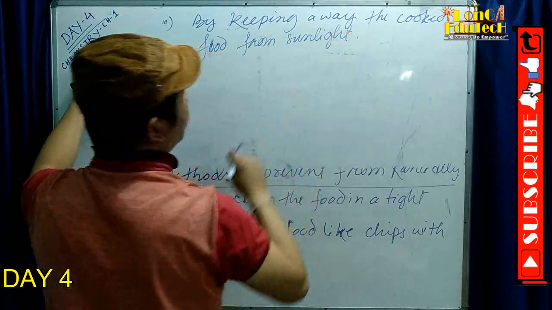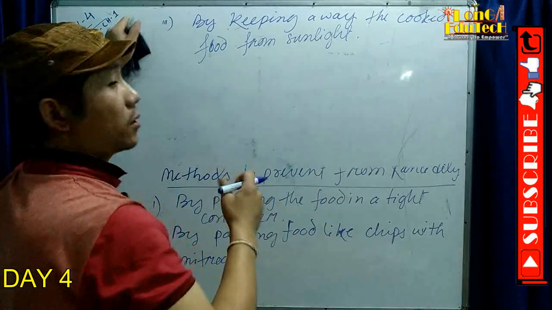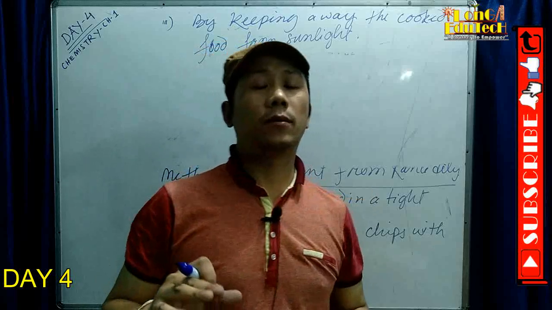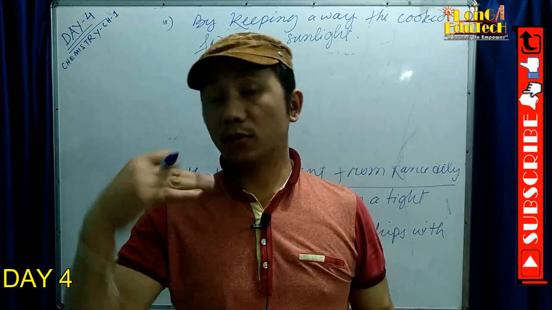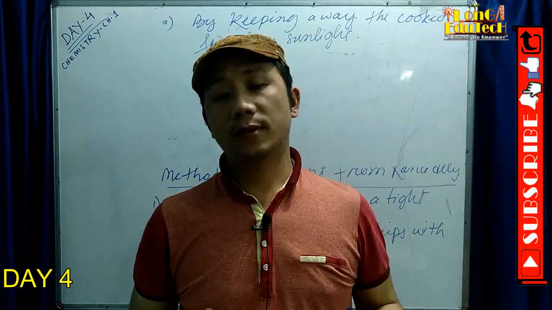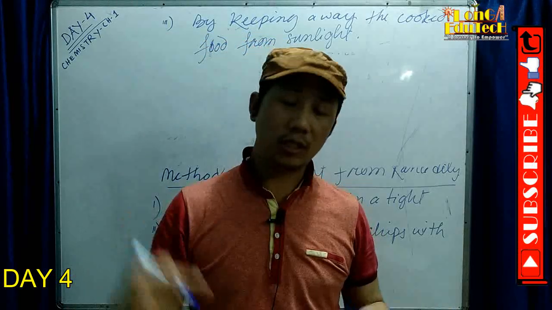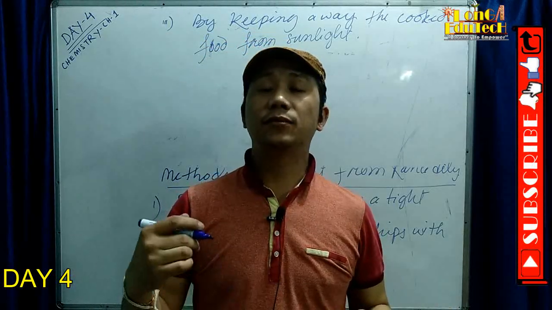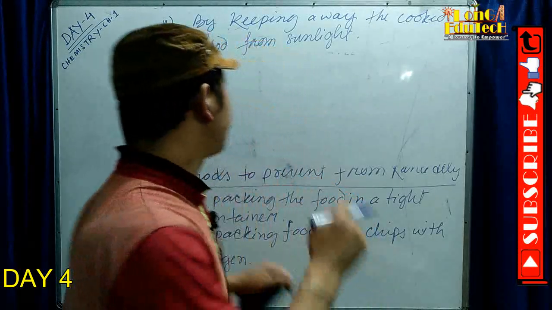If we keep the cooked food away from sunlight, it will prevent rancidity, because heat is also one of the factors. With an increase in temperature, the rate of oxidation also increases. The sunlight, that is heat. If exposed to sunlight, it will increase the rate of oxidation and make the food spoil fast, right? That's why.